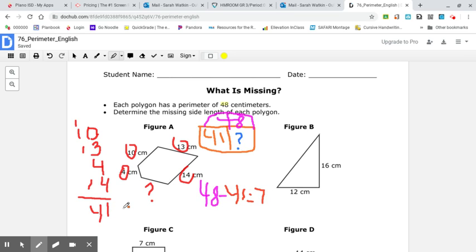So the missing side equals 7 centimeters.